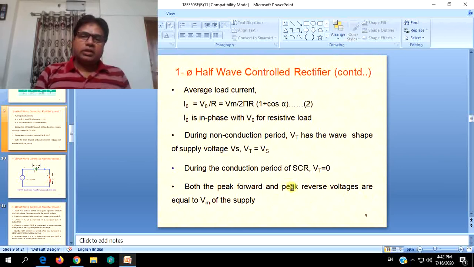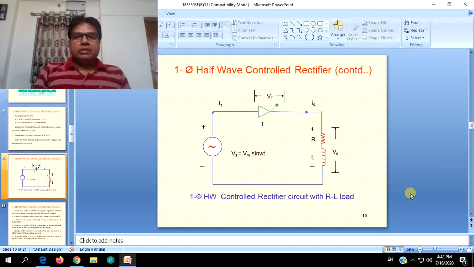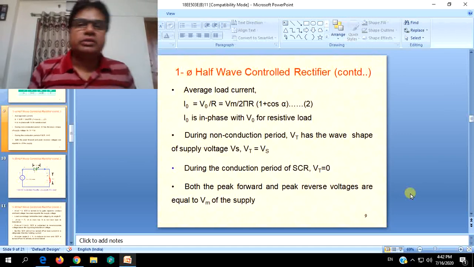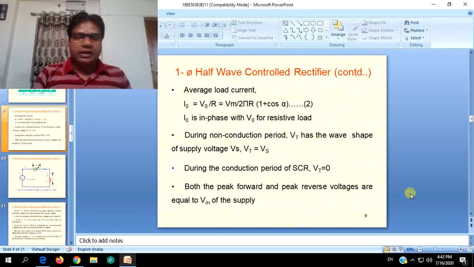In both the half cycles, the SCR has to withstand and block the maximum forward and reverse voltages, that is plus Vm and minus Vm. So that is the case with the single phase half wave controlled rectifier when the load is resistive.